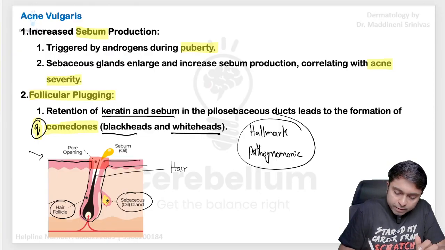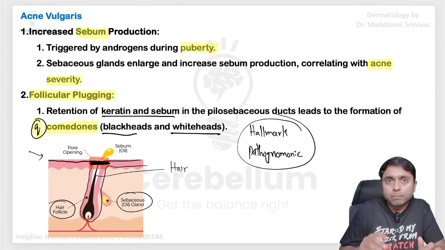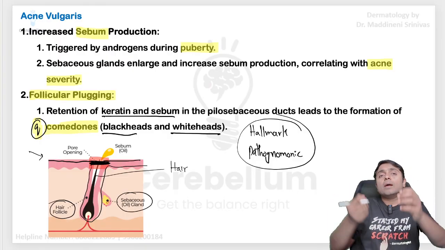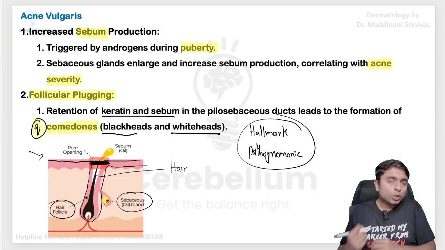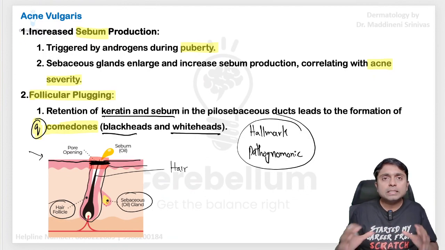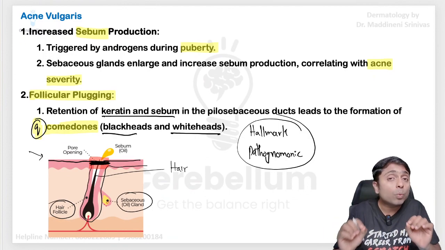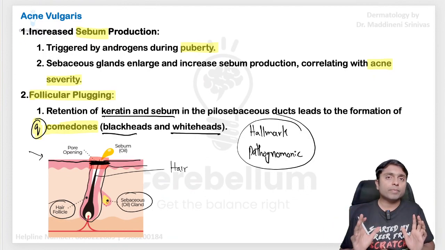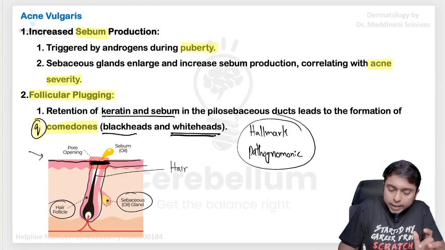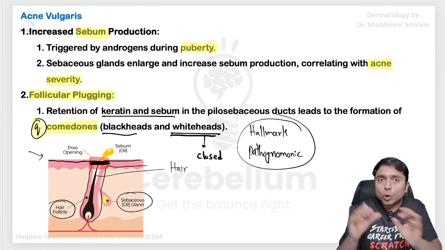So whenever this blockage is there, if it is completely blocked without any possibility of atmospheric oxygen to enter inside, then the lesion will appear white in color clinically. So that we call a whitehead, or it is also called a closed comedone.